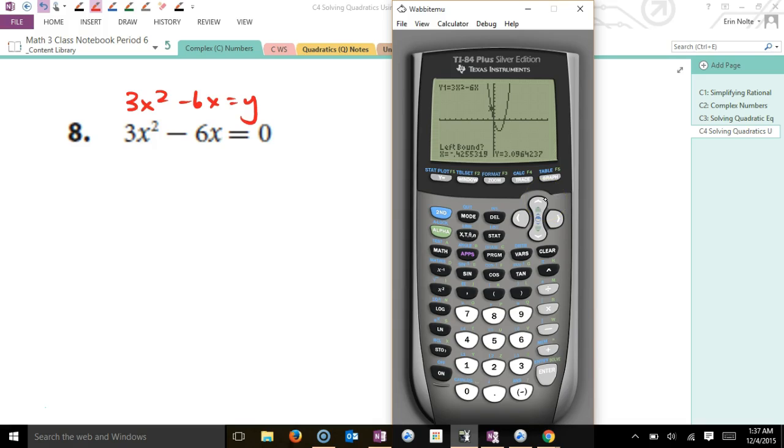What I want you to notice is that I am currently at the point negative 0.4. I'm looking at this x value right here. Notice that negative 0.4 is to the left of 0. It's less than 0. Also notice, are you above or below the x-axis?